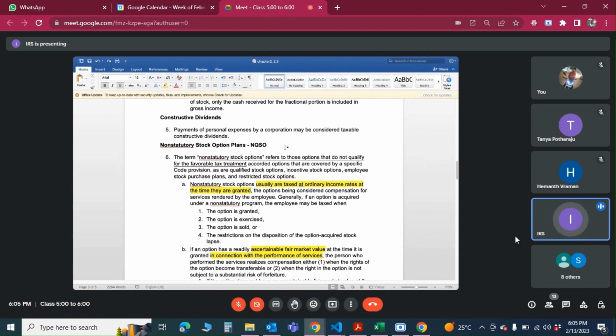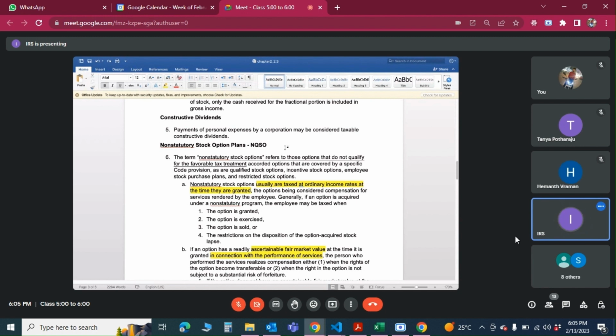ESPP, which is employee stock purchase plan. Those are not options, those are direct stocks. Or there could be RSUs, restricted stock units. Again, those are direct stocks. We need to understand the difference between options and stocks. The name itself says stock option, meaning you have an option to receive that stock.